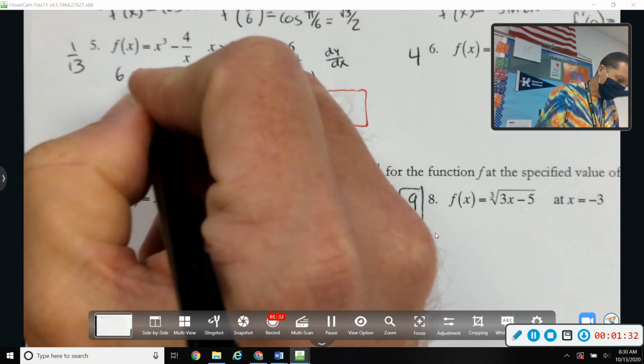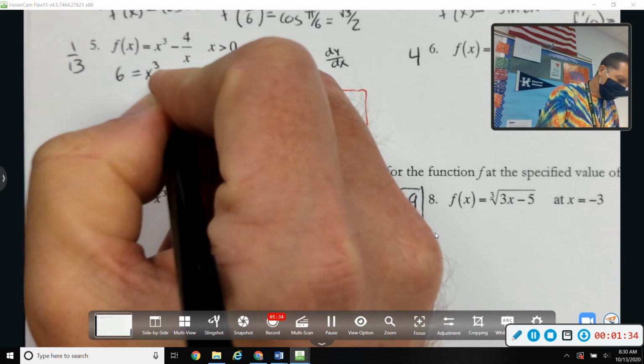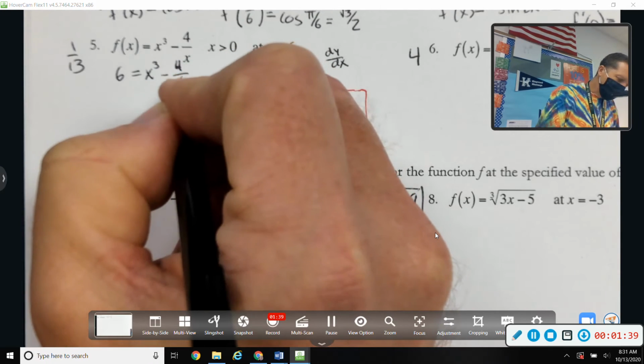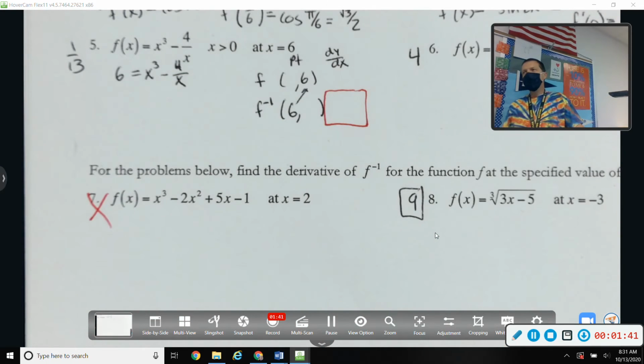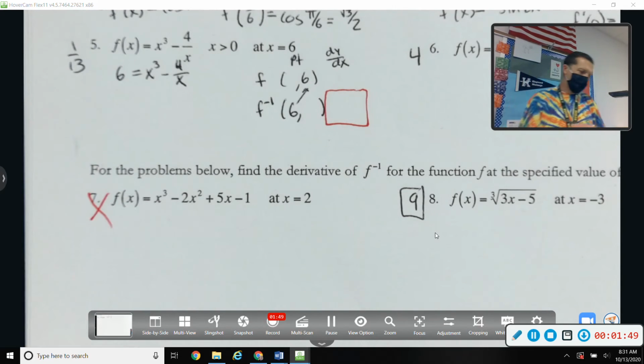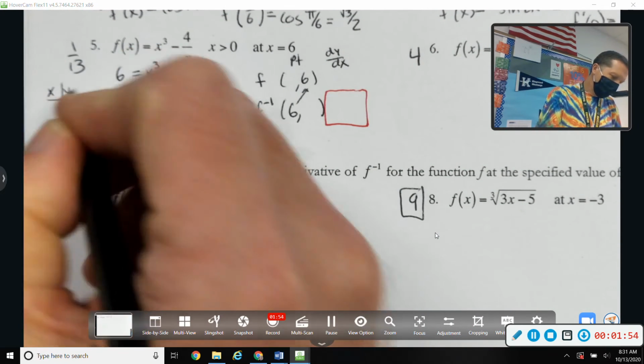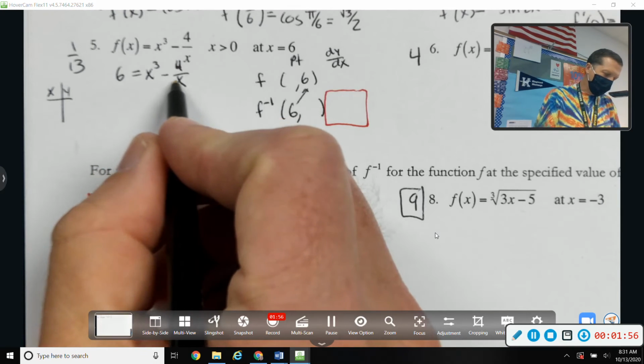So 6 equals x cubed minus 4 over x. When we give you these, we're going to give you ones that you can figure out pretty straightforward what the x is. This one looks complicated, but if you just try some things, if we try 1, 1 minus 4 wouldn't work.